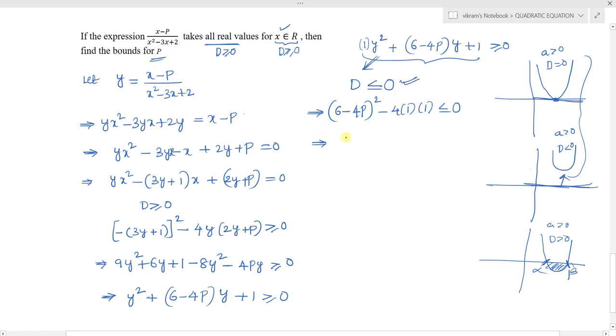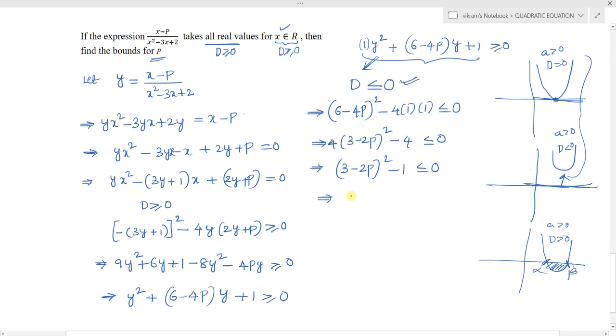Okay, now if we take 2 as a common factor from this one, we get 2 into 3 minus 2p, and 2 square means 4 into (3 minus 2p) whole square, minus 4, less than or equal to 0. If we take 4 as a common factor, we obtain (3 minus 2p) whole square minus 1 less than or equal to 0.